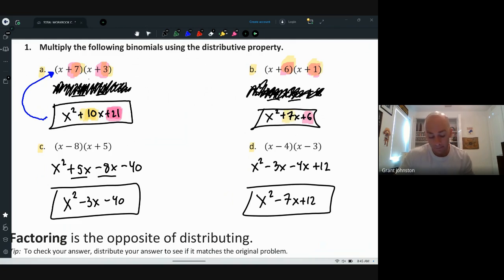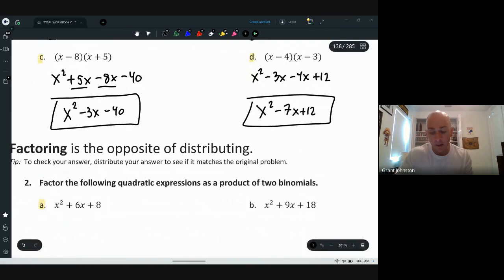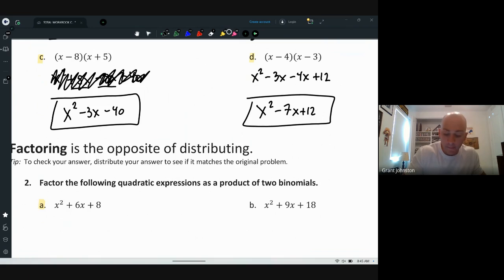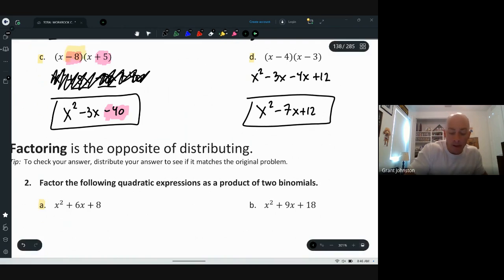Look at C. We see that relationship again. Negative 8 times 5 is negative 40. And negative 8 plus 5 is negative 3.